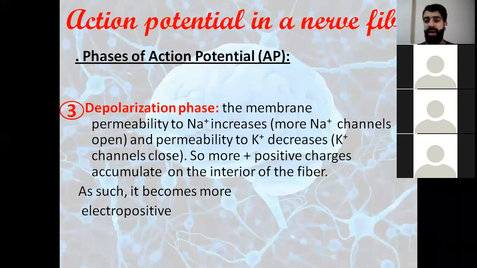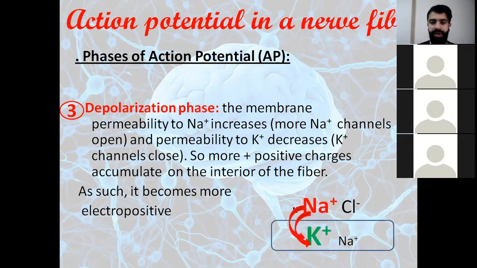Depolarization, here we're talking about the ionic interpretation. The membrane permeability for Na plus increases, so more Na plus channels will open, and permeability to K plus decreases, so the K plus channels, the channels that allow the passage of K plus, close. So more positive charge will be on the inside, and it becomes more electropositive.